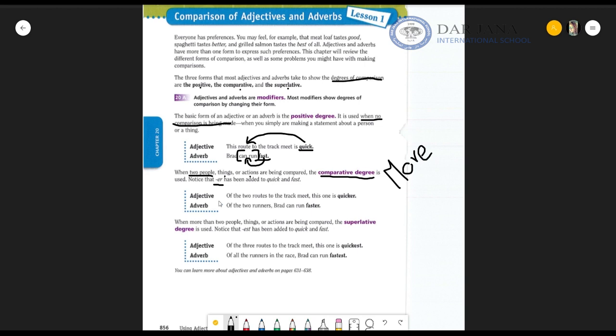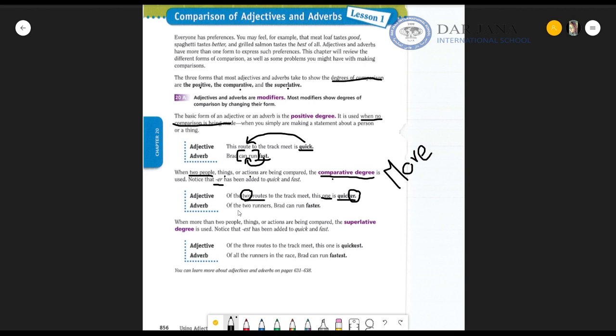So, out of the 2 routes to the track meet, this one is quicker. Notice ER added to quick at the end to show me that this route is quicker than the other one. So I have 2 routes being compared to one another, and I'm telling you that this one is quicker. I add ER to the word quick to convey the comparative degree.